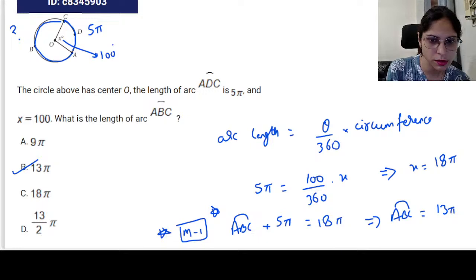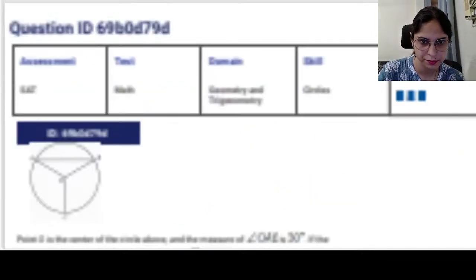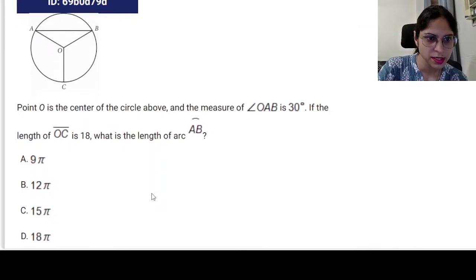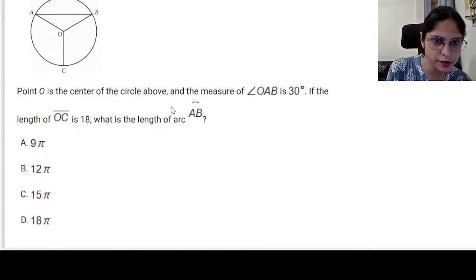Next one is question number 4. Same thing over here. Point O is the center of the circle above. OAB is 30 degrees. Now OC is 18. They want to find out what is the arc length AB. So to get arc length AB, I want my theta.